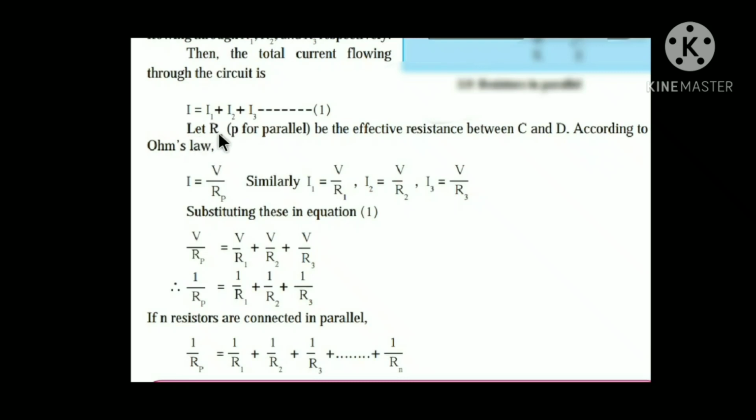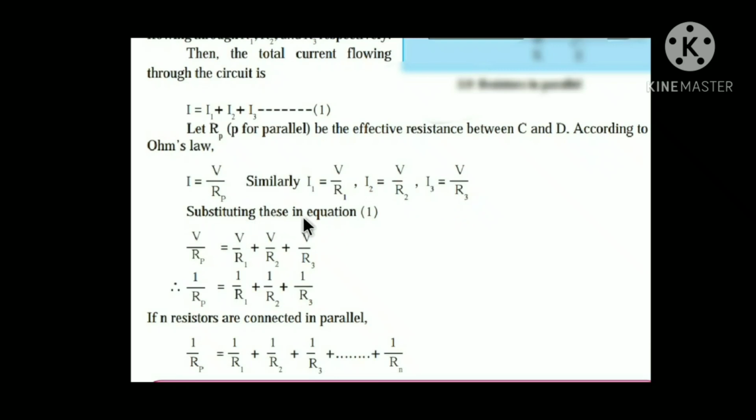Let Rp, P for parallel, be the effective resistance between C and D. According to Ohm's law, I is equal to V upon Rp. Similarly, I1 is equal to V upon R1, I2 is equal to V upon R2, I3 is equal to V upon R3.